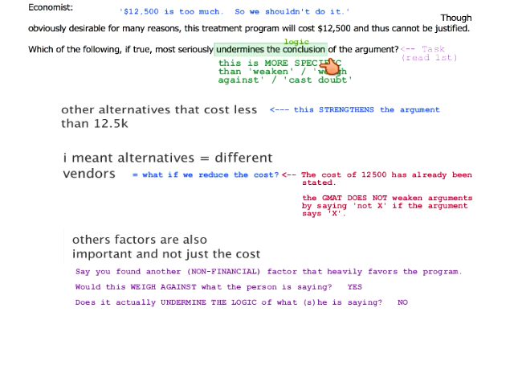Whereas if it was just weigh against this, then maybe not. So in order to do this, you have to give a financial counter-argument. You have to do it, because it's not good enough to just be on the other side. You actually have to show that this person's argument does not work.